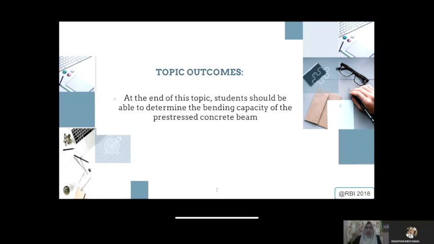So we have come up with the consideration of our moment in terms of service and also at transfer, and we have one section that we can use for our beam.